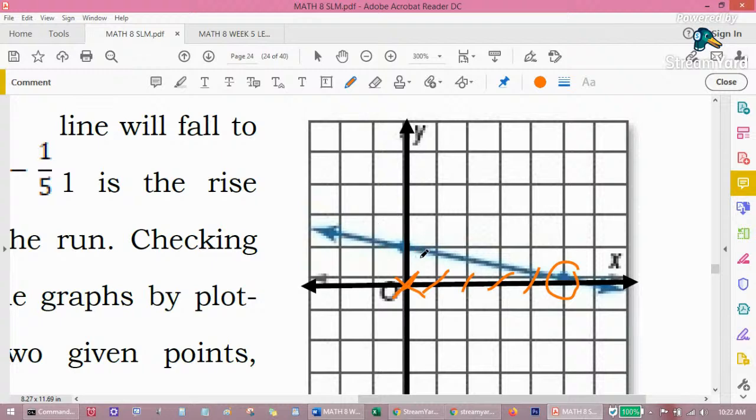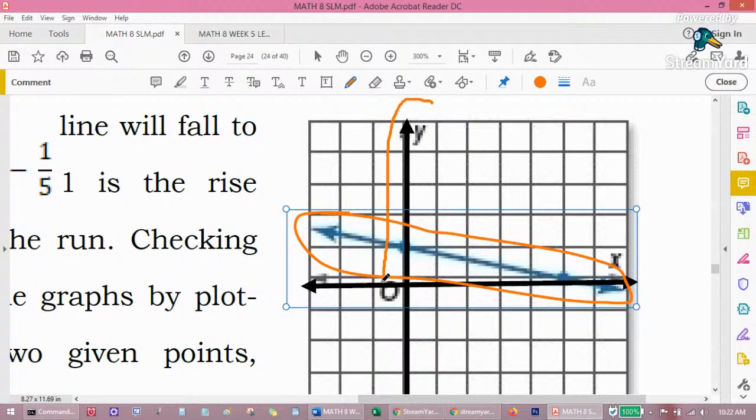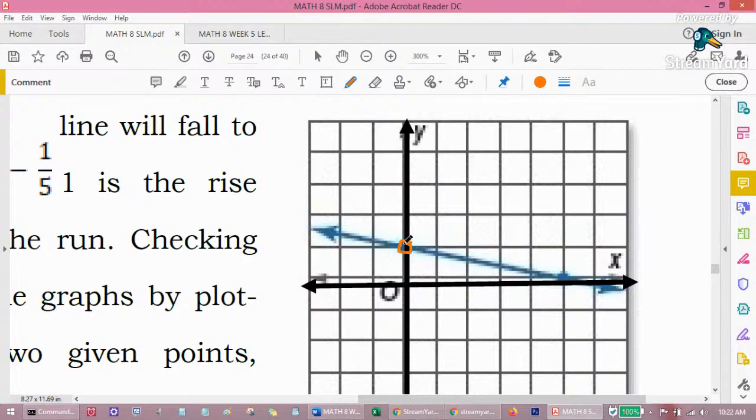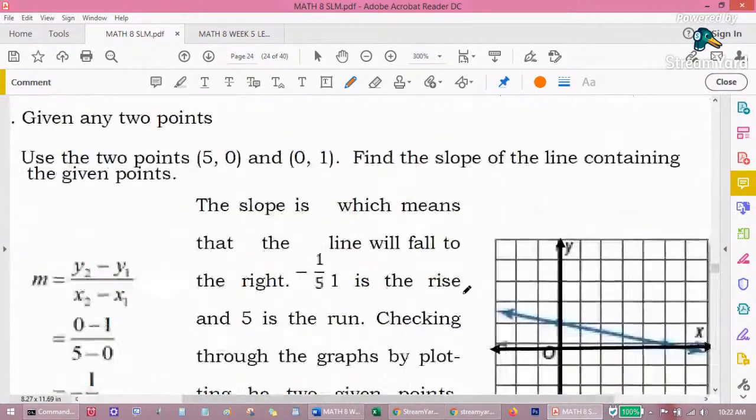Kaya nga siya tinawag na y-intercept. Yung graph natin, at saka yung y-axis, nasaan daw ang intersection ng dalawa? Ito, itong point na to. And what is this point? Saan ba nakatapat to?